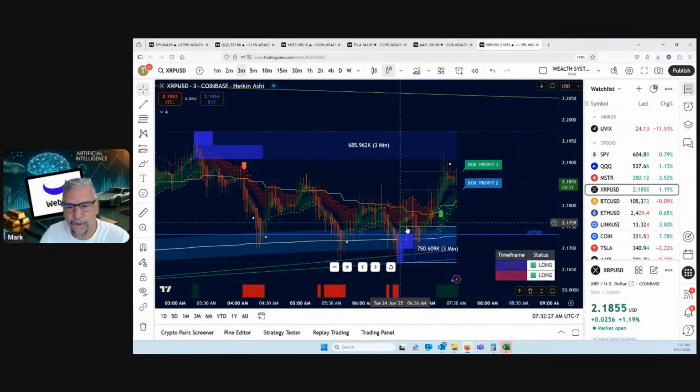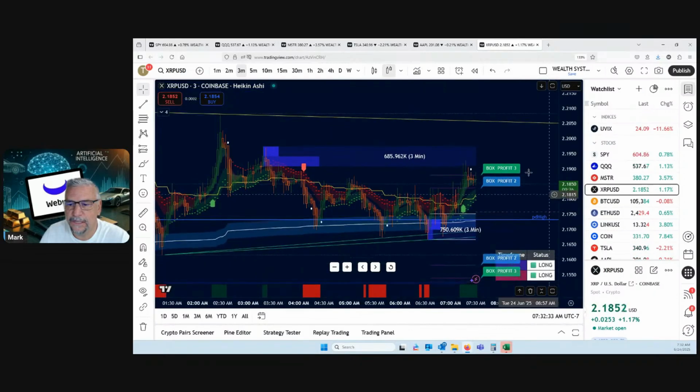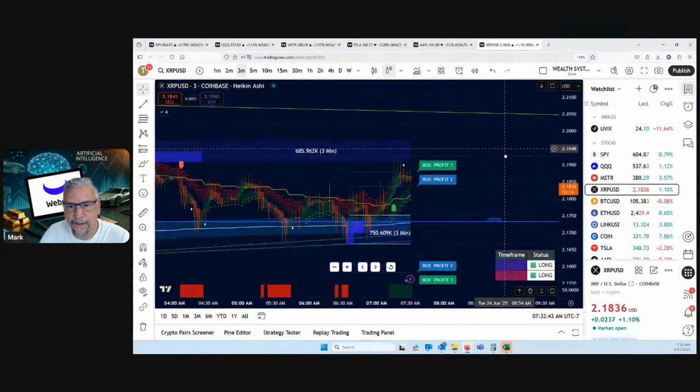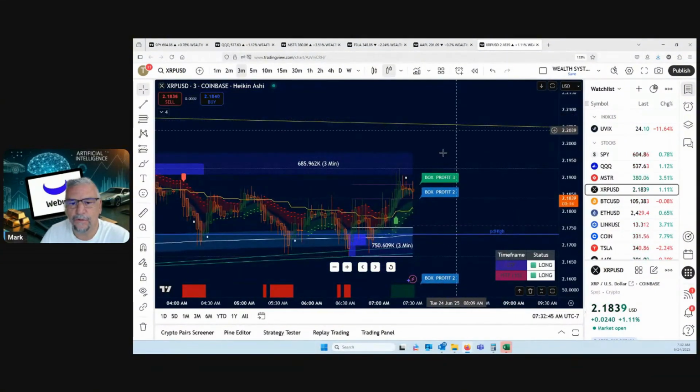XRP, you can see, broke out of the box. You can see the box here. It broke out of the box, lots of support. I don't see XRP coming back to the 217 at this time. I would suggest here that we're going to go up to the 220 level.